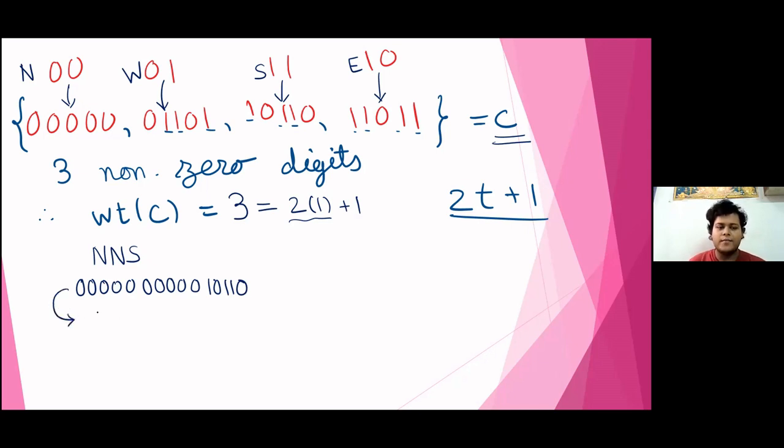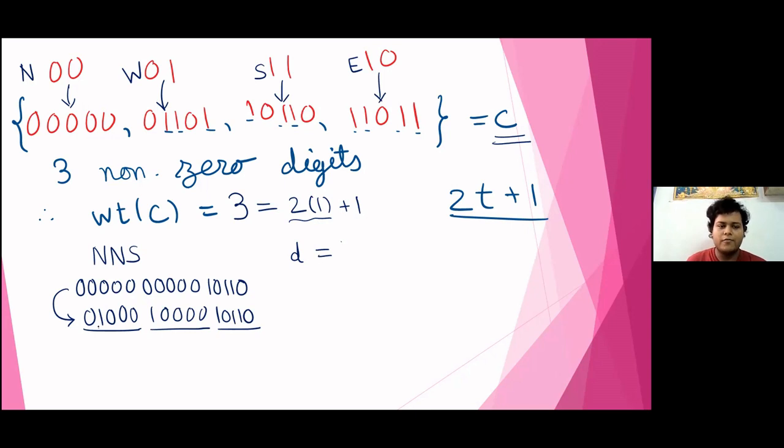This will be our message before transmission. After transmission, suppose the message gets like this: 0 1 0 0 0, 1 0 0 0 0, 1 1 0. Now measure the distances of each of these code words with the code words given in C. So the distance of 0 1 0 0 0 with the first one is how much?